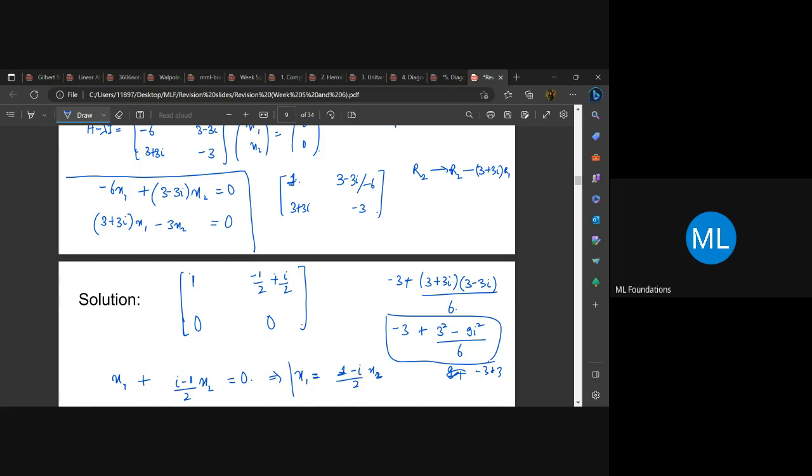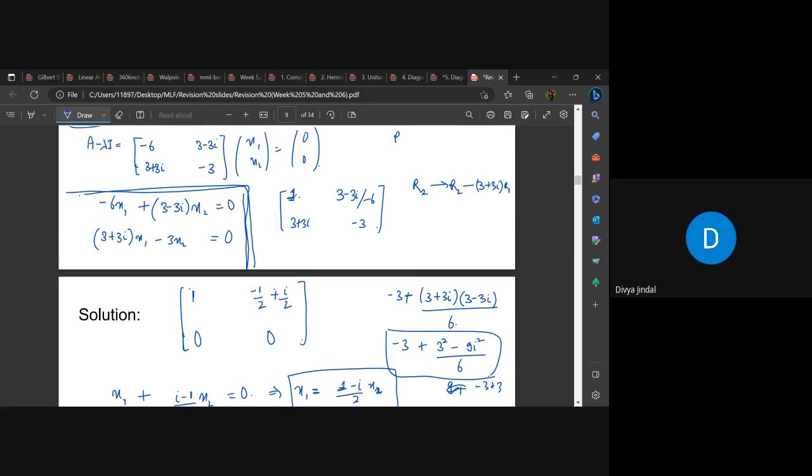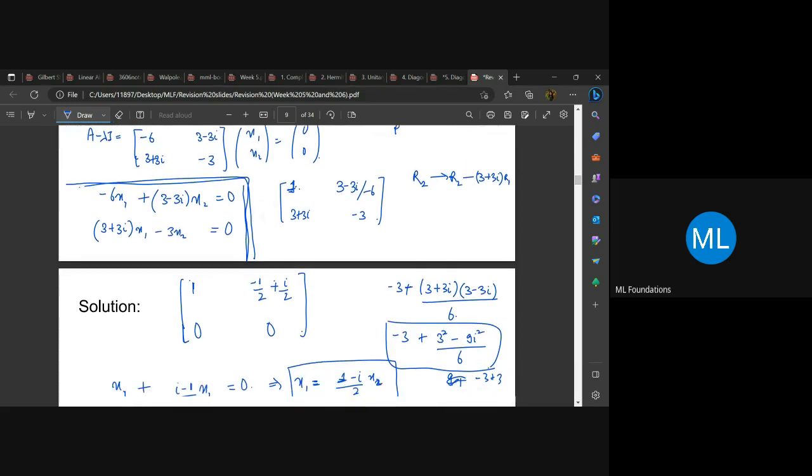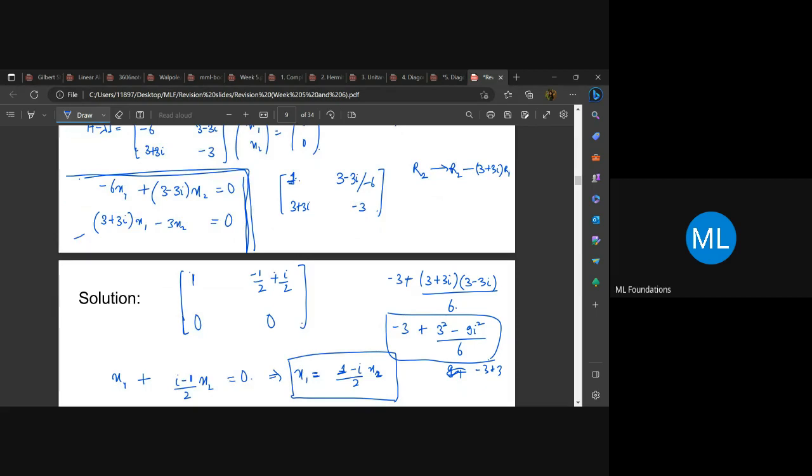If I take x1 as 1 in the second one, then what do we get for x2?